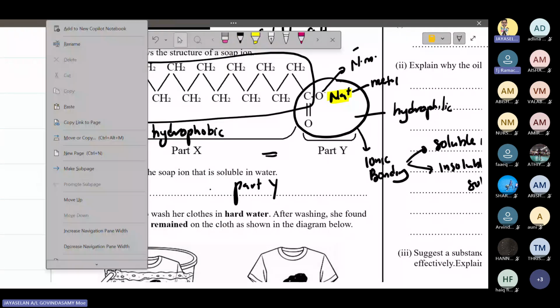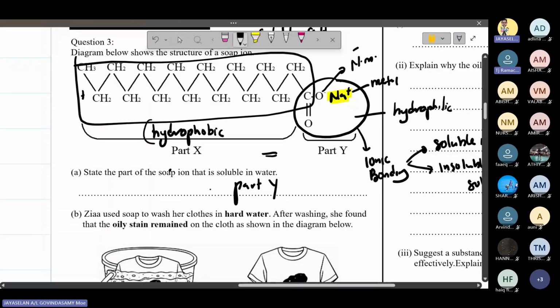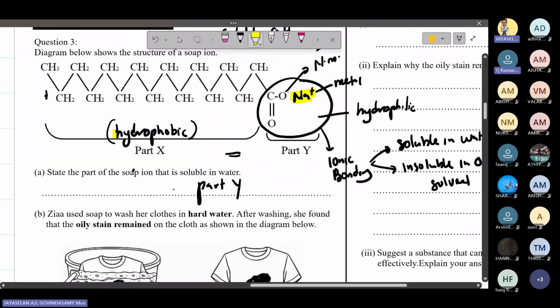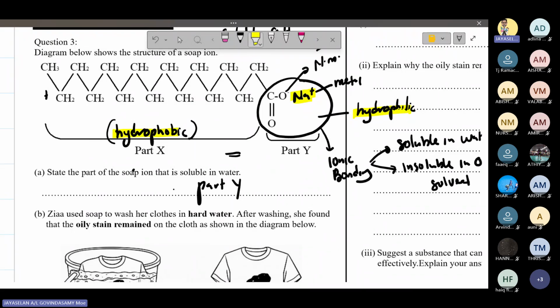You have to memorize this. You already learned this under lipid compounds in biology. The tail is called hydrophobic. The head we call hydrophilic. Memorize.